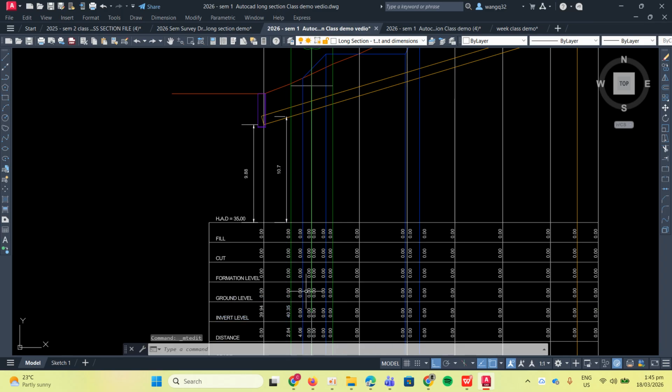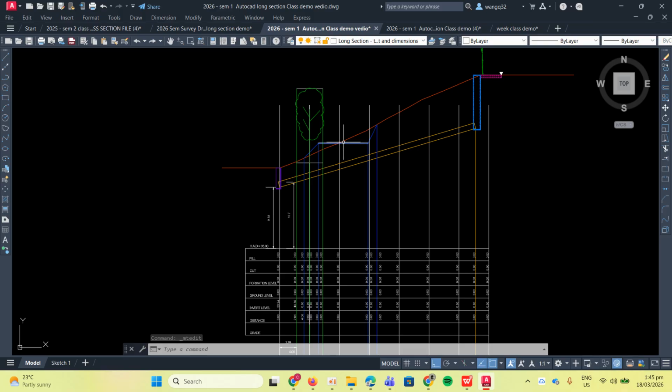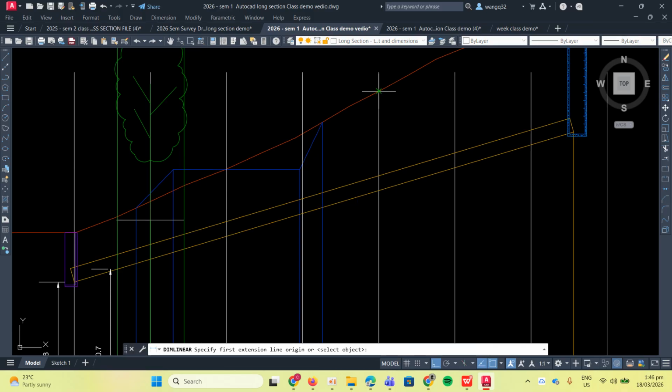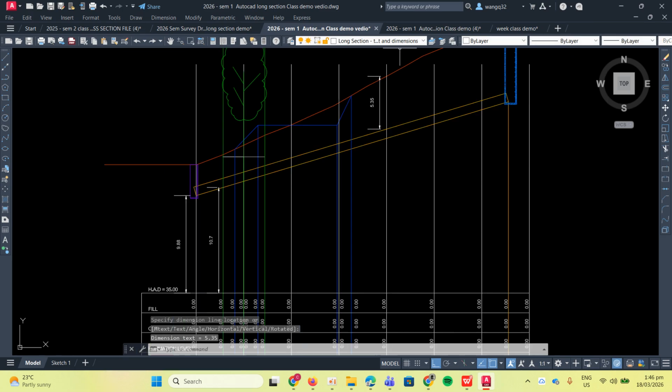And then the ground level. We can do the same thing. For ground level, we can just measure the distance from here to here. Sorry, not that one.